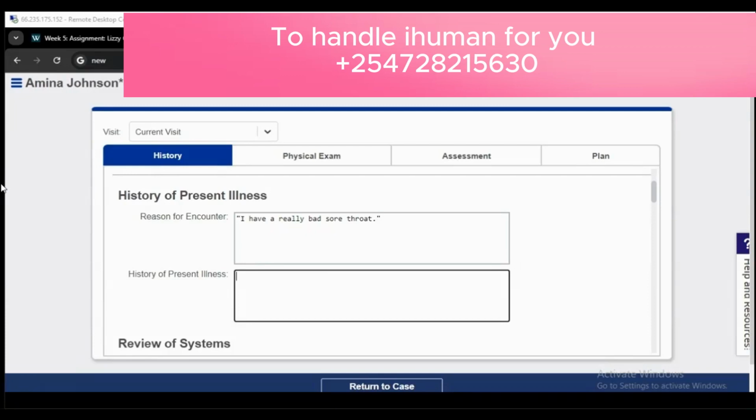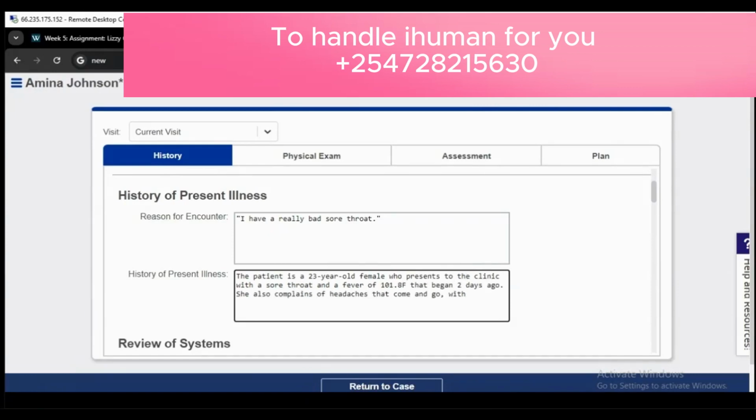If you remember, the patient's reason for encounter was two symptoms, which were fever and sore throat. But when you assess this patient's response, you realize that the patient is more bothered about the sore throat than the fever. So that's the reason for encounter.